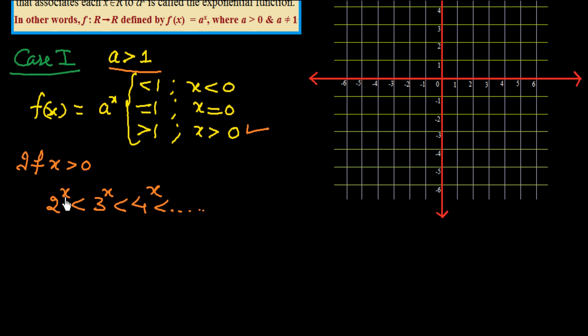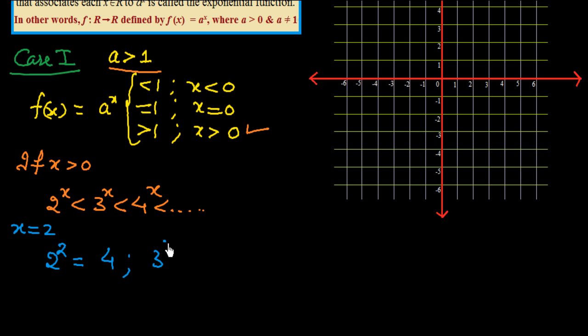X is greater than 0, we are taking x is equal to 2 here. So what we get here? 2 power 2 is equal to 4.